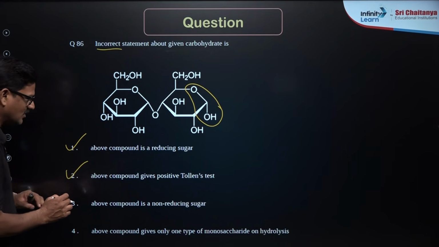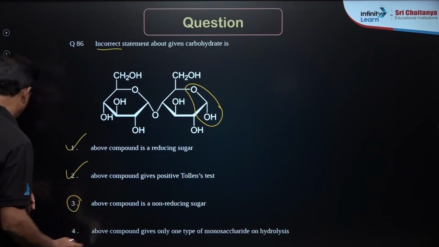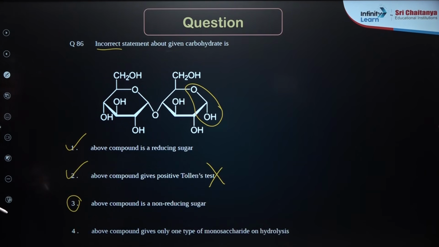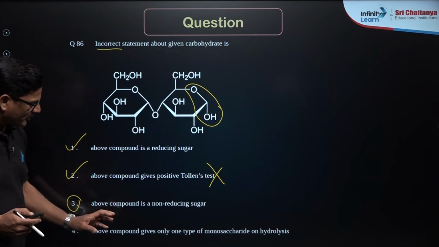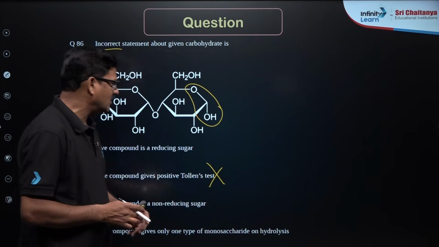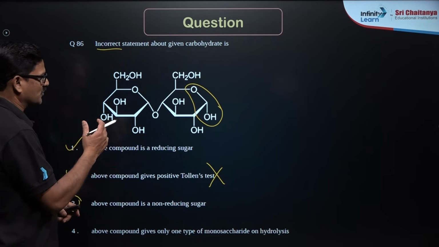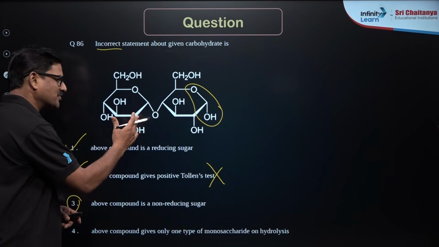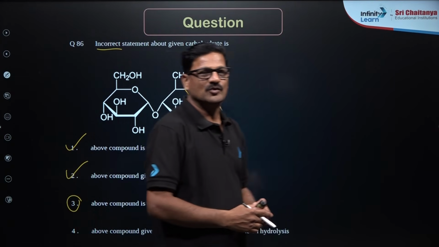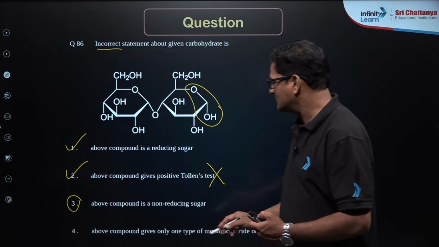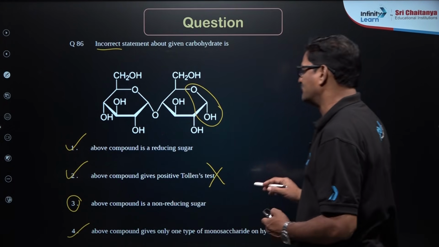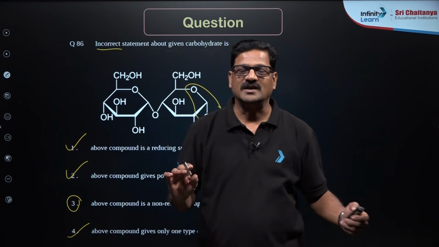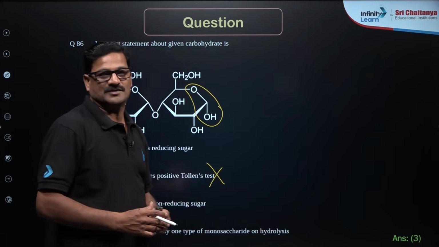The compound is a non-reducing sugar, wrong. And above compound gives only one type of monosaccharide on hydrolysis, and of course this structure is going to be maltose structure, and it is going to give you 2 alpha D glucose structures. This is also a correct statement. Options 1, 2, 4 are correct, option 3 is the correct answer for this question.